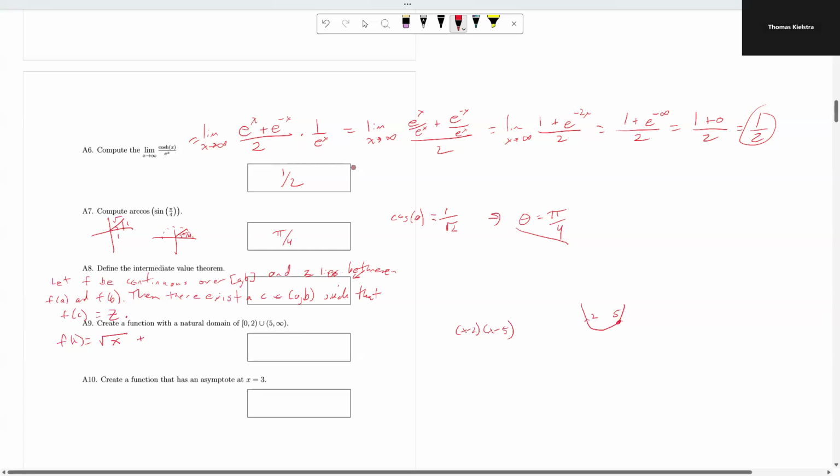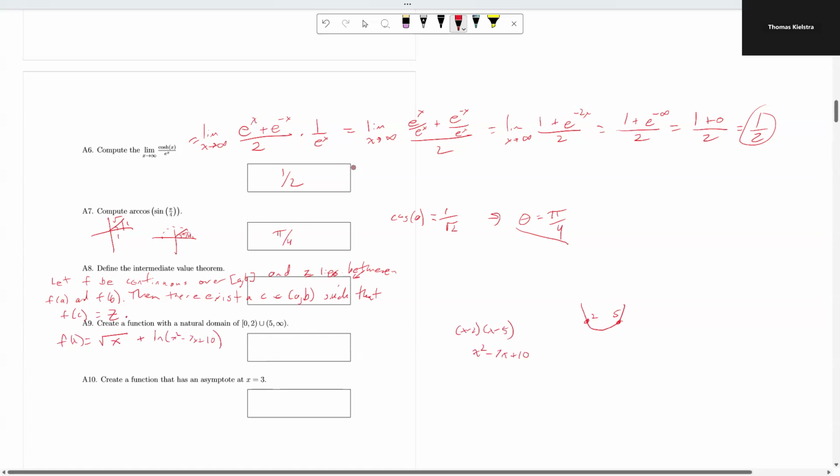Because it has roots at 2 and 5, I can use this as my, I want this to be positive. So I'm going to add ln of, and now I'm just going to expand this to make it look pretty. x squared minus 7x plus 10.